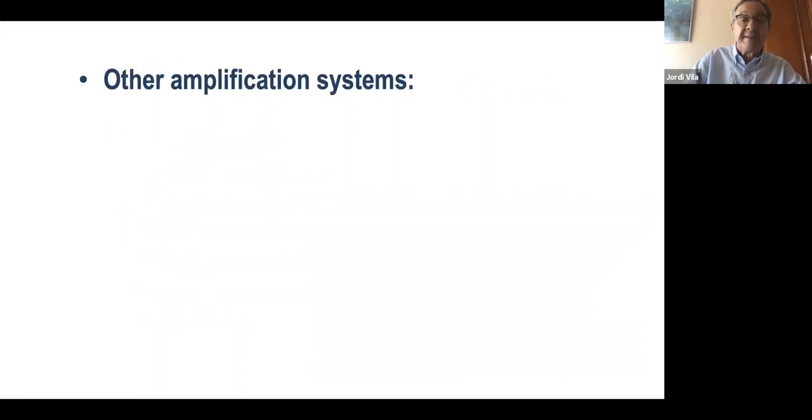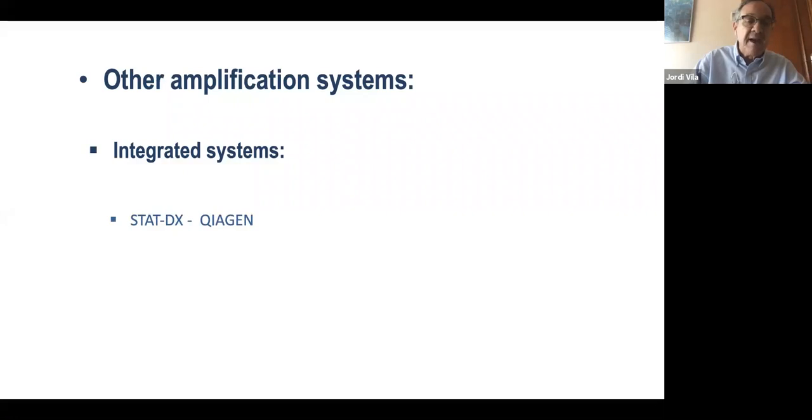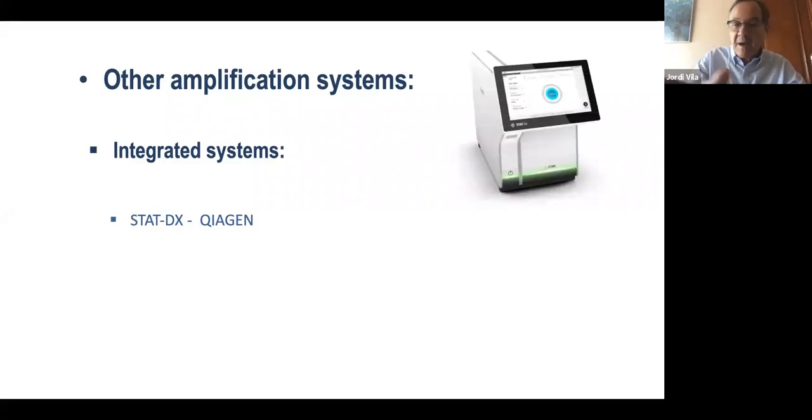There are other amplification systems which are integrated. One of them is the Stat Diagnostics IgN system, which is the apparatus that is used. It can detect the most frequent viruses causing respiratory tract infection, and among these viruses they also included SARS-CoV-2.